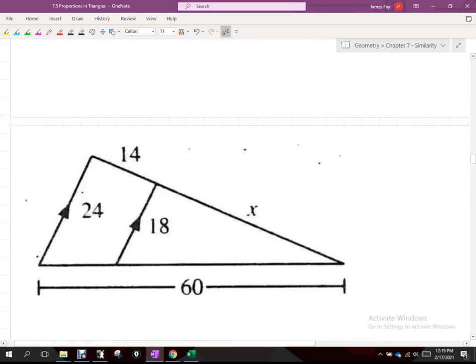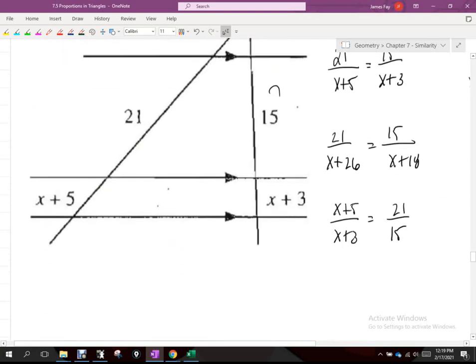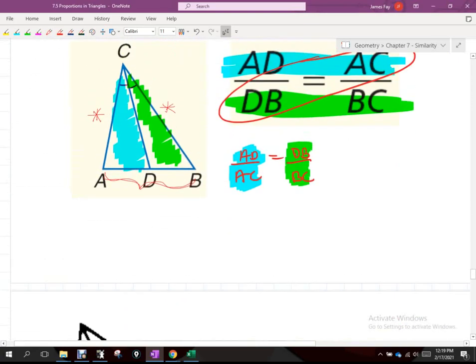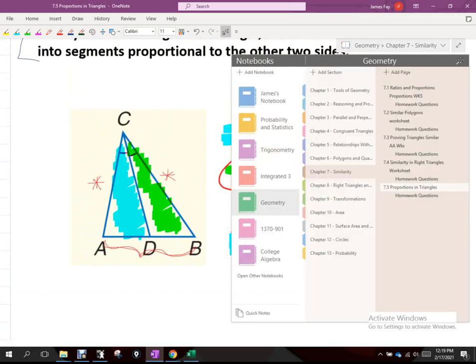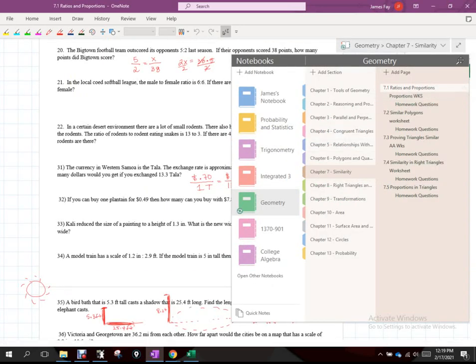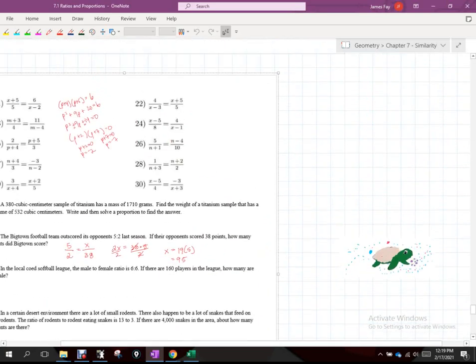You can do a similar thing down here if you wanted to. If I want to add AC to the top and bottom here and add BC to the top and bottom here, I can. That's fine. Doesn't make a whole lot of sense to do that, but you can. So there's a lot of things you can manipulate your proportions as long as you abide by these rules that we talked about in section 7.1.